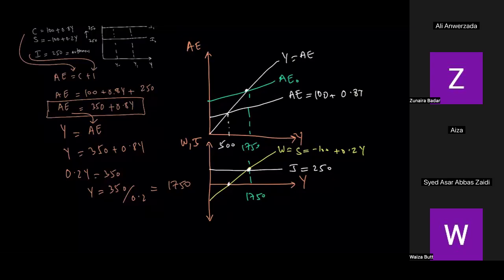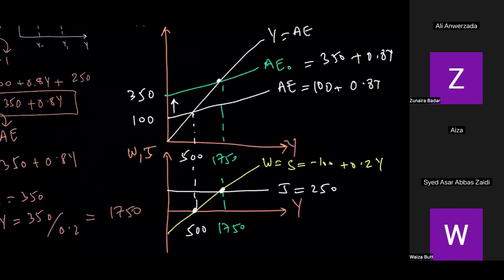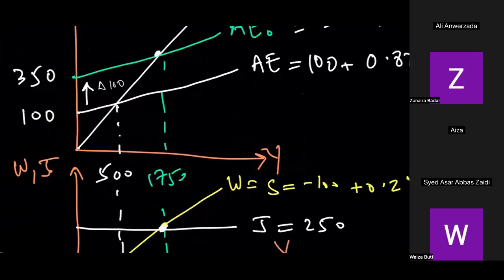So at 500, this was the point where AE was 100 plus 0.8Y, and now it became 350 plus 0.8Y. So in this case, you can see that investment went up by 100. So this is your change in I was 100. I'm sorry, the change in I was 250, but this change in I of 250 was causing a change in Y of 1250. Are you all with me?